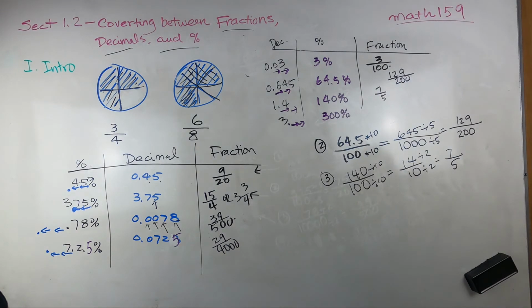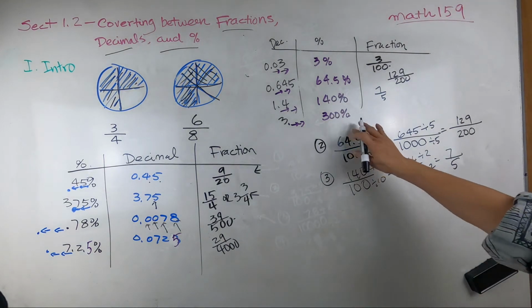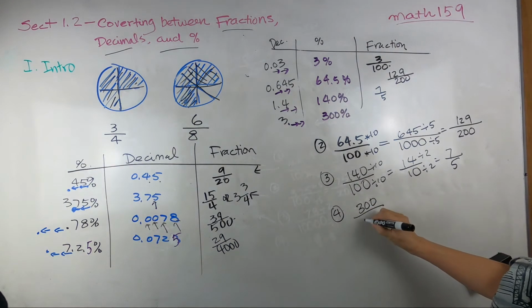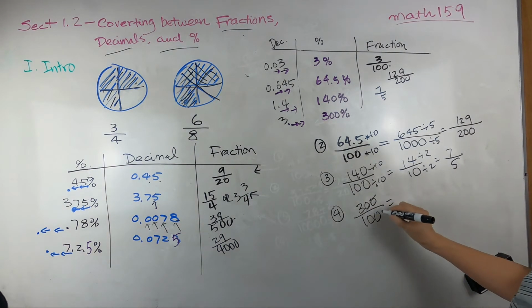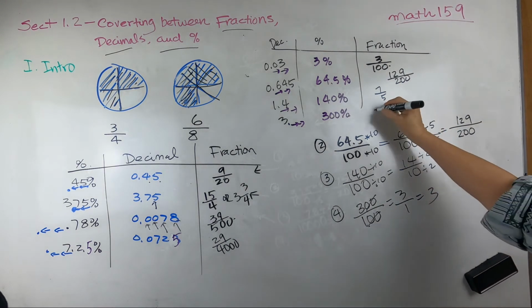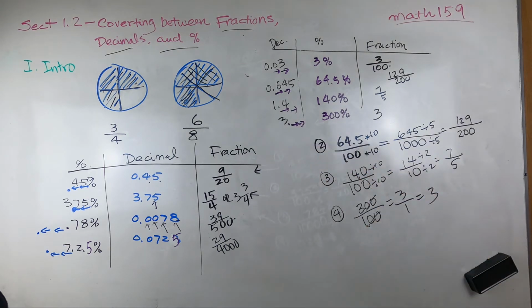Okay, I saw you have some arrows on your answer keys, so you can fix that. So 300% would be what? 300 out of 100. Then you simplify by dividing by 100. That would be what? Just your regular 3.